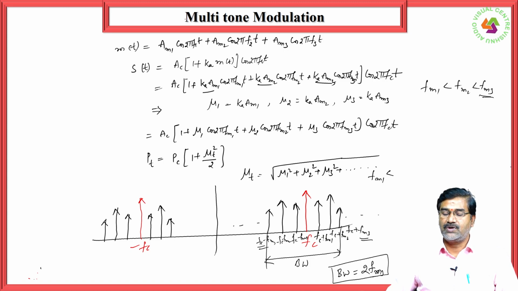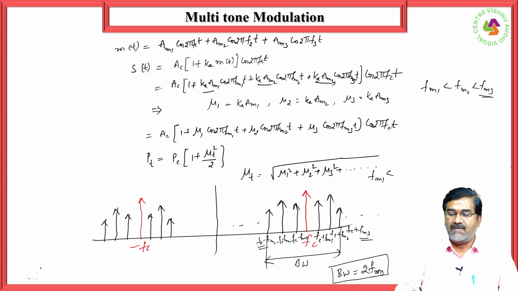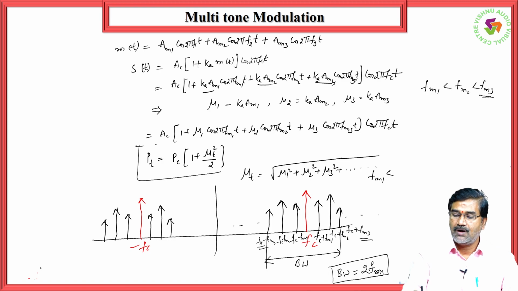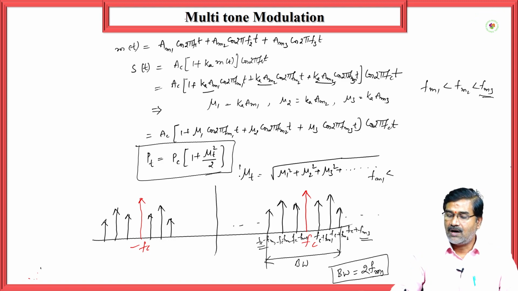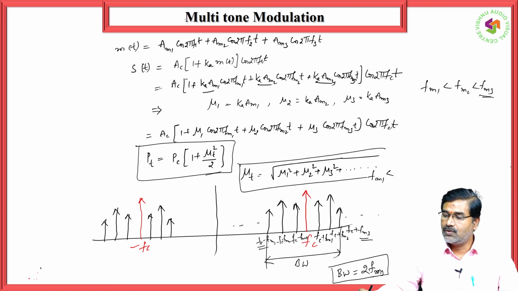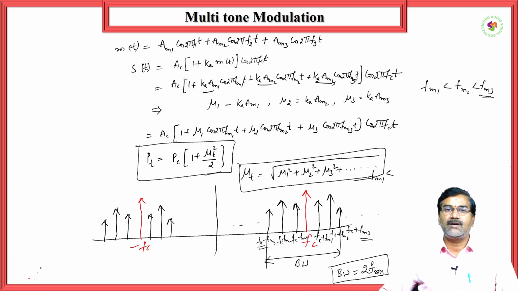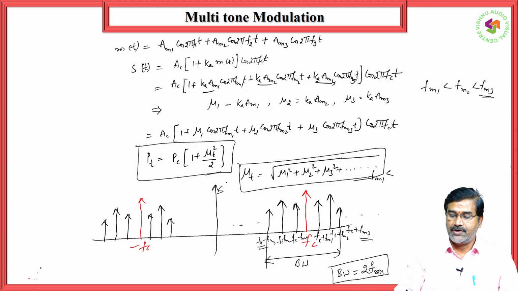Okay, so this is about the multi-tone AM signal and the corresponding power equation, and how you calculate the total resultant modulation index for the multi-tone signal. This is the spectrum of the multi-tone signal.